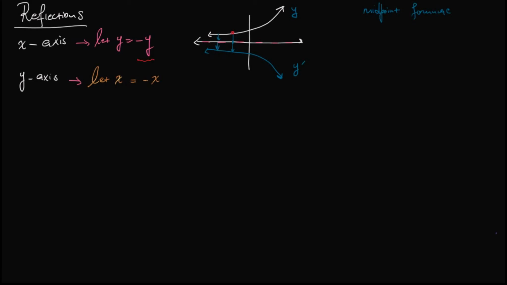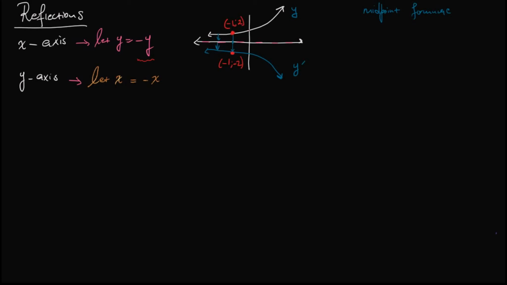So say you have this point being maybe -1, 2. Then the reflected point, you can see that this line is perpendicular to that, so it is -1, but now -2, because we are below the x-axis.